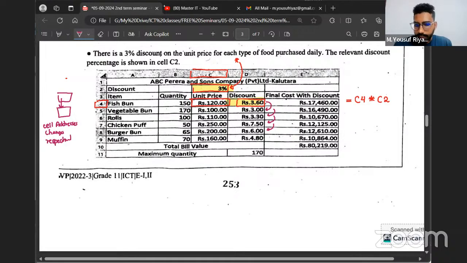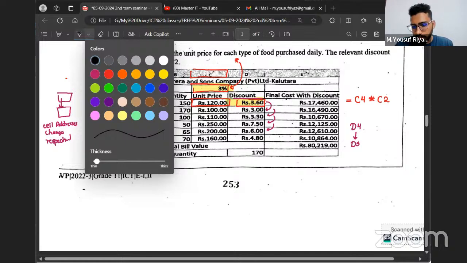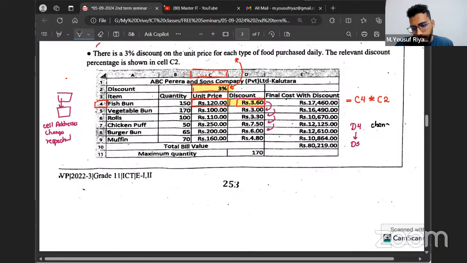What I mean is, if I copy this formula from D4 to, let's say, D5, look at the change: I'm going one cell down. So even in my formula, all the cell addresses will go one cell down. So in the D5 cell, it's going to be C5 into C3.